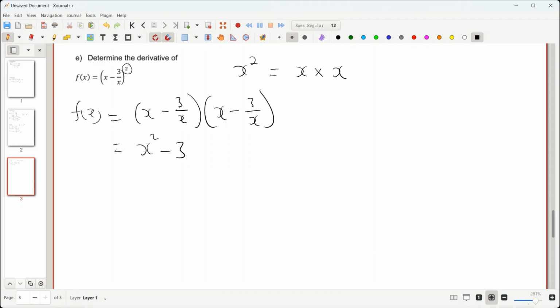And then negative 3 over x times x, you'll also have minus 3. And then minus 3 over x times minus 3 over x, you'll simply have positive 9 over x squared. And then now we can just simplify this. We'll have x squared minus 6 plus 9 over x squared.